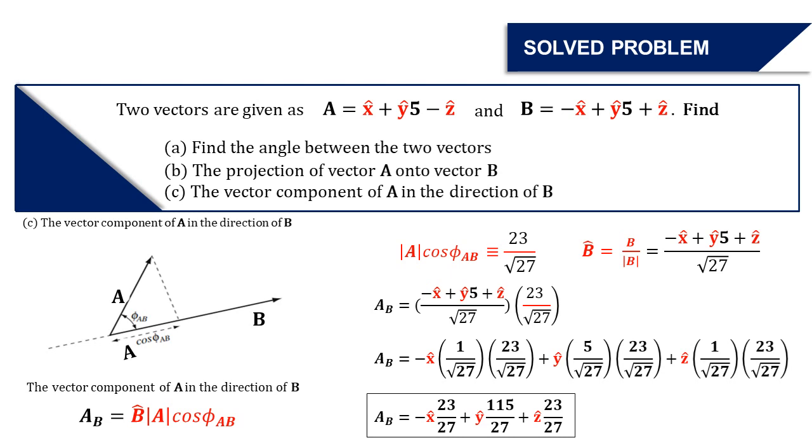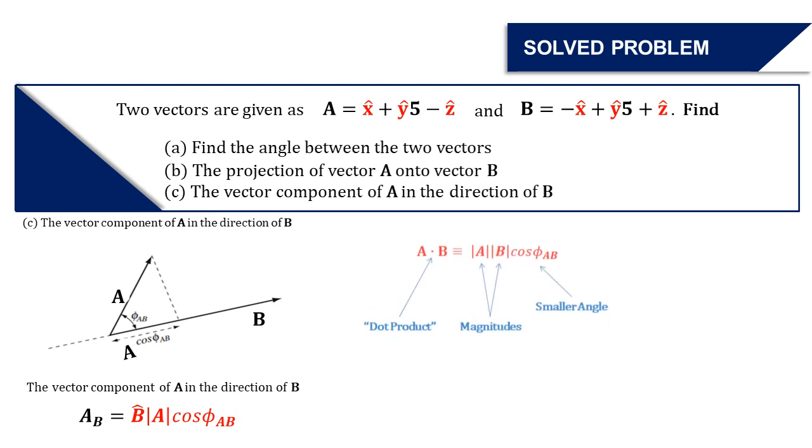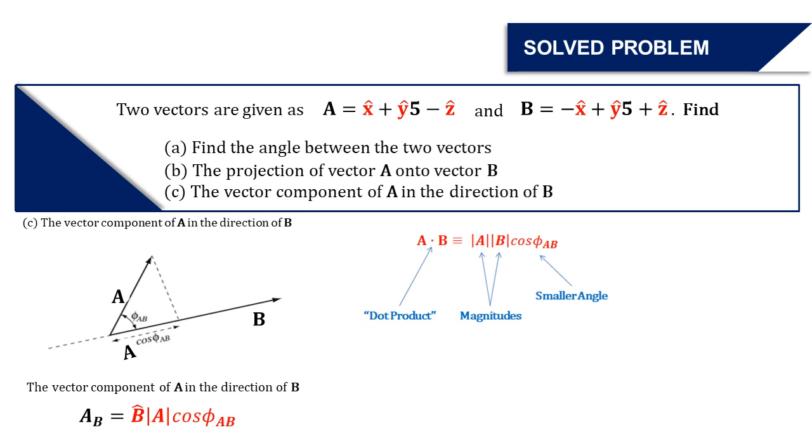So, that will be our answer for the vector component of A in the direction of B. We can also solve this question by using only the coefficients of our given. Earlier, we solved it by using the answers we had obtained, like the angle, right?